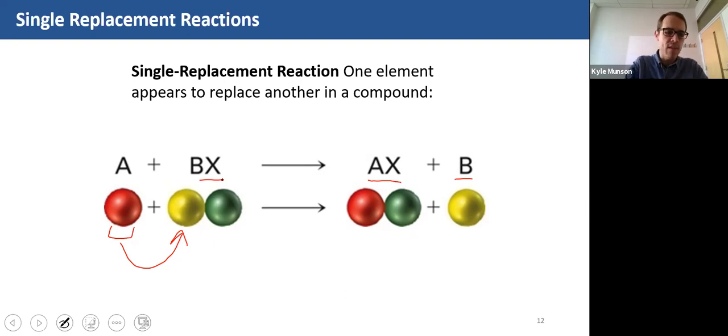So these guys are switching places. That's the key here. That's a single replacement reaction. B is with its partner and A comes around and wants to kick B out, and B is left apart from X. That's what's going on here for single replacement reactions.